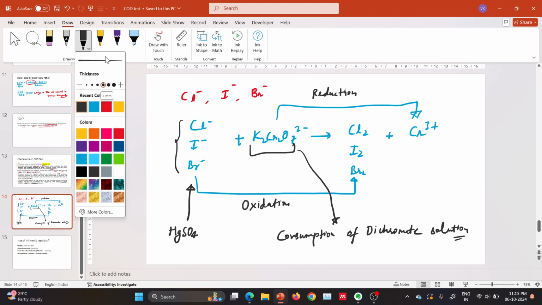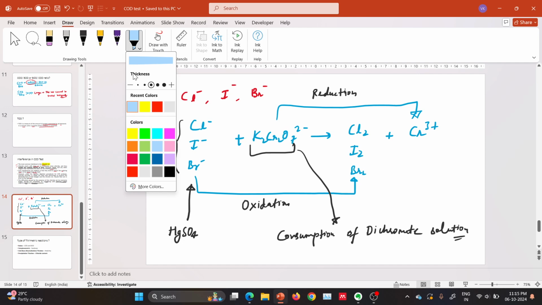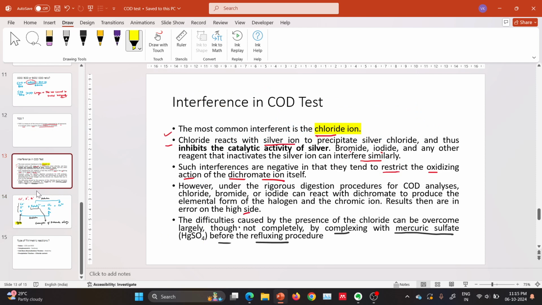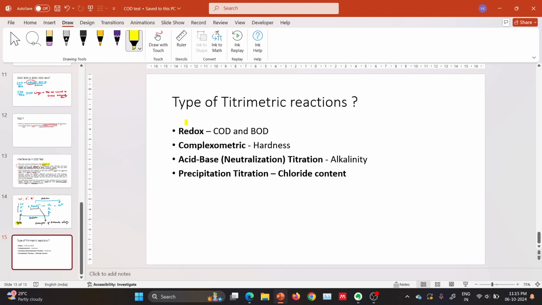So this is the idea for adding HgSO4 into the acid reagent, like the sulfuric acid reagent. This slide was about interference, and the last slide is regarding the titrimetric reactions.